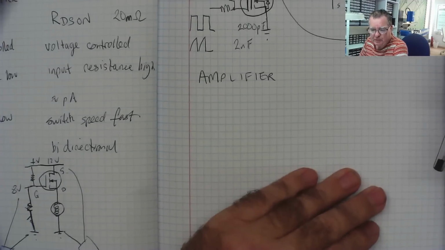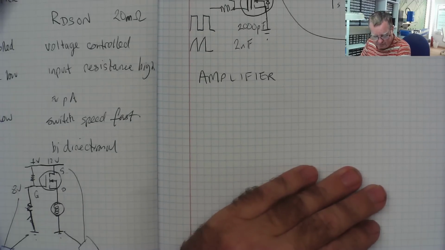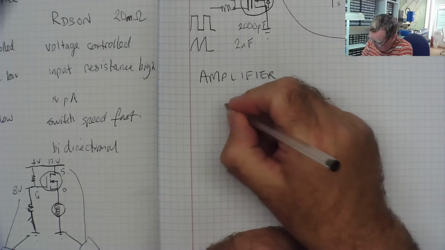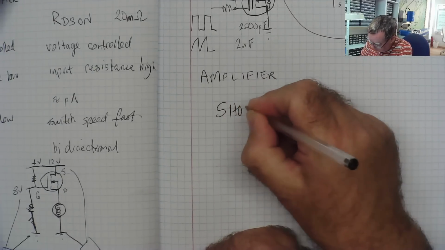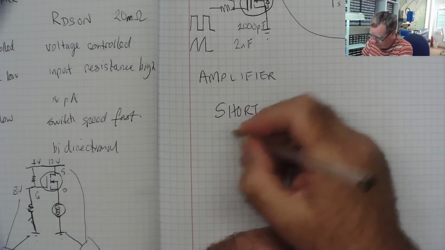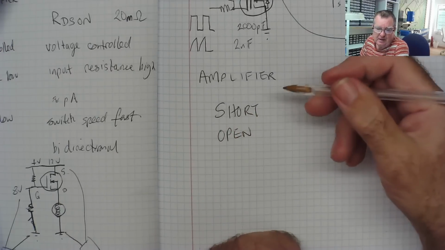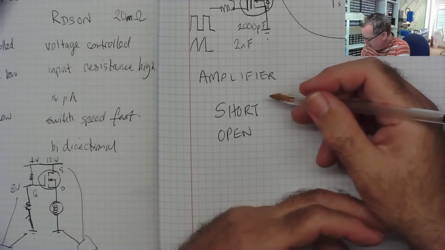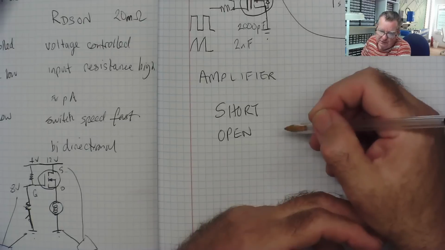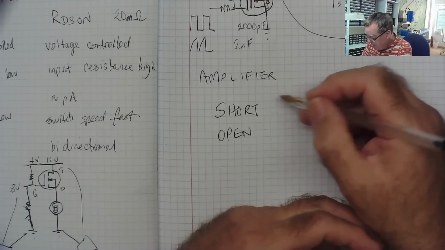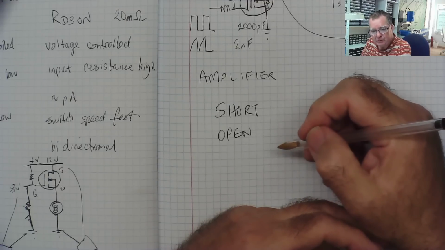Let's have a look now at some of the things that go wrong with MOSFETs. Much like transistors, they tend to fail in two ways. They either go short circuit or they go open circuit. And like transistors again, they can go short circuit from the drain to the source, or from the gate to either, or the whole thing can go short circuit.